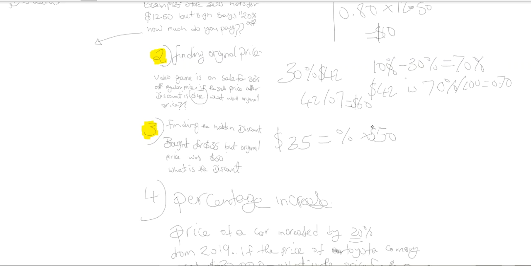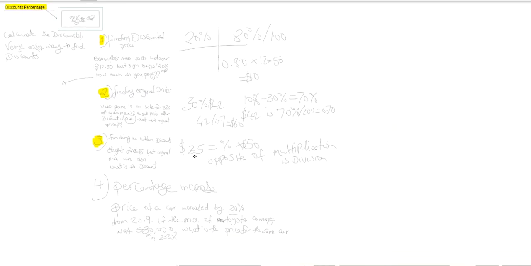Alright, and then remember the opposite of multiplication is division. Alright, so here you have, it says some percentage multiplied by $50 will give you $35, right?